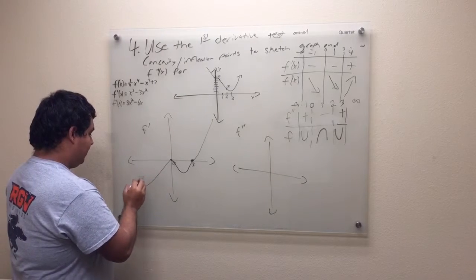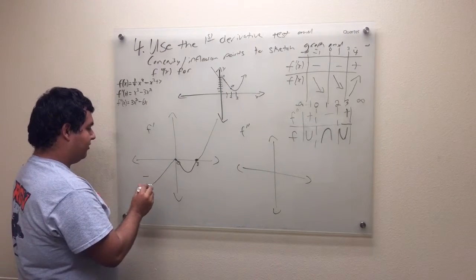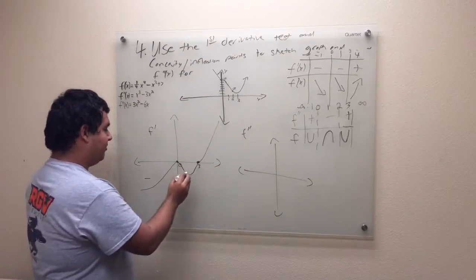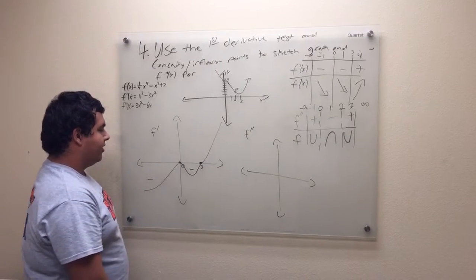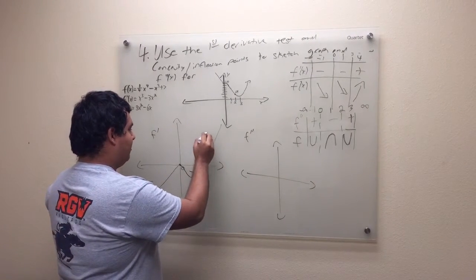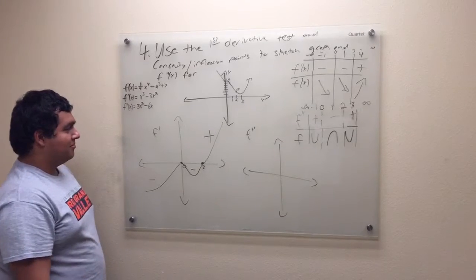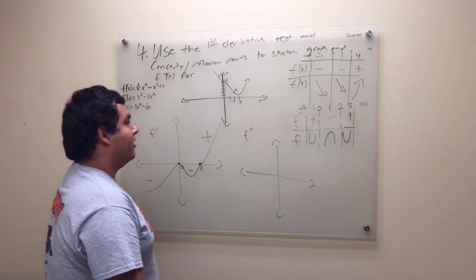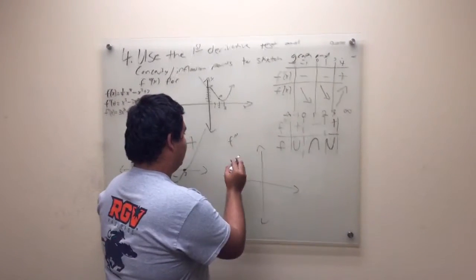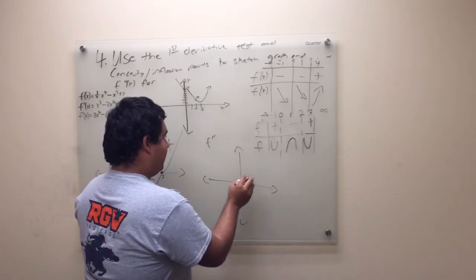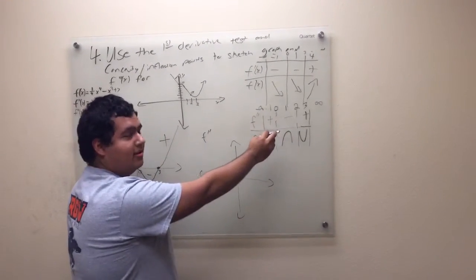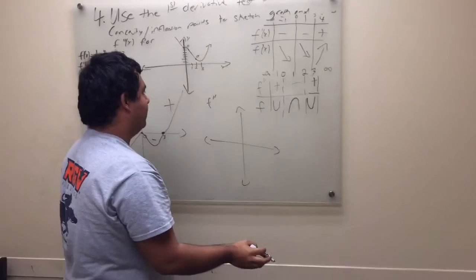So again, from negative infinity to 0, it's negative. From 0 to 3, it's also negative. And then 3 to infinity and beyond, it's positive. Now for f double prime. We see that we also have positive and negative, so we can do it based on the same idea.